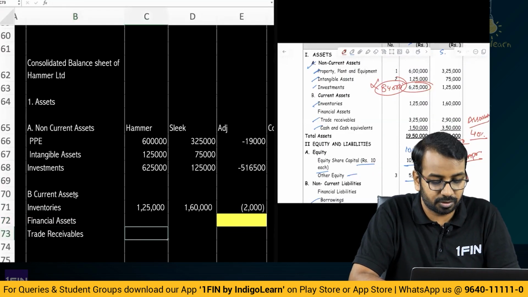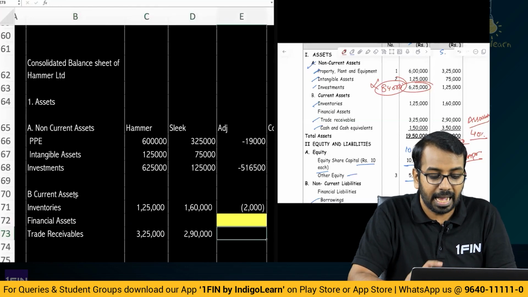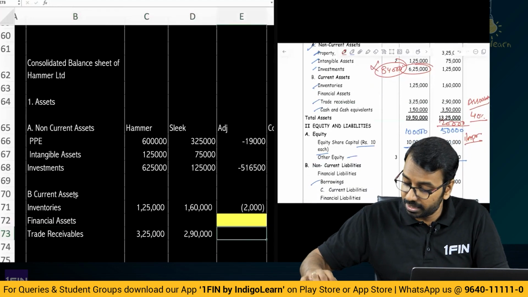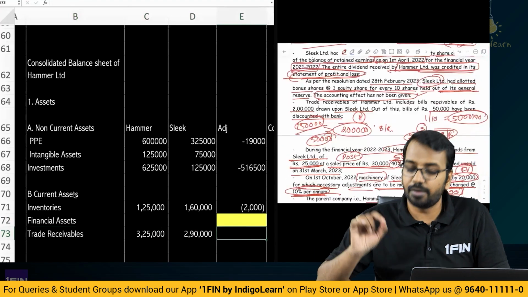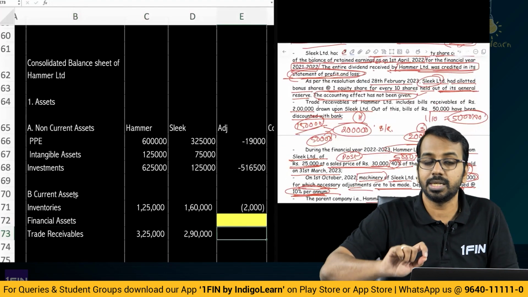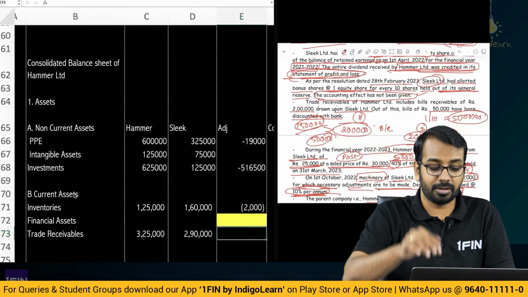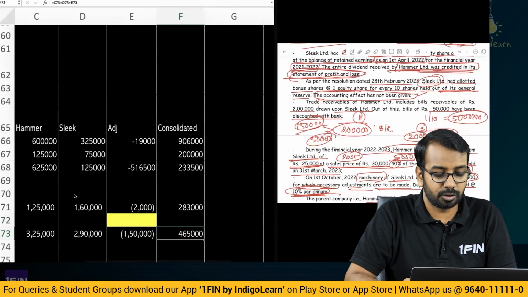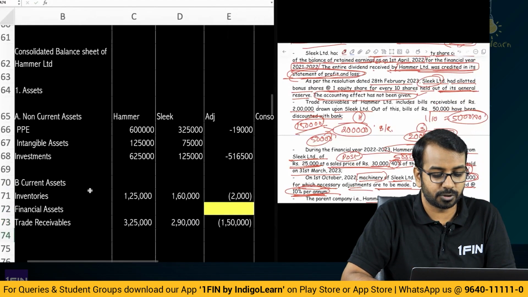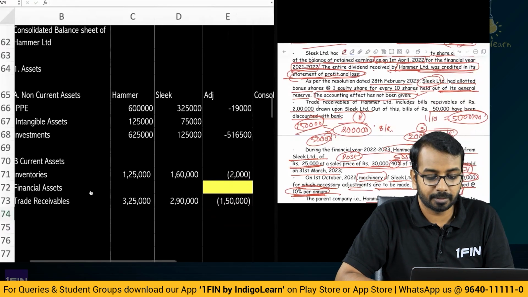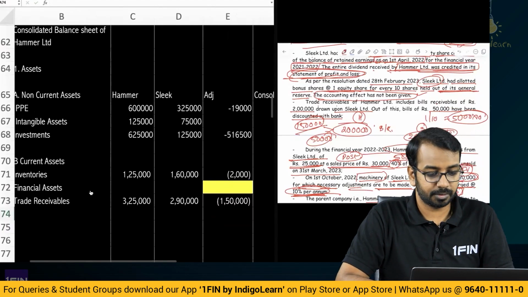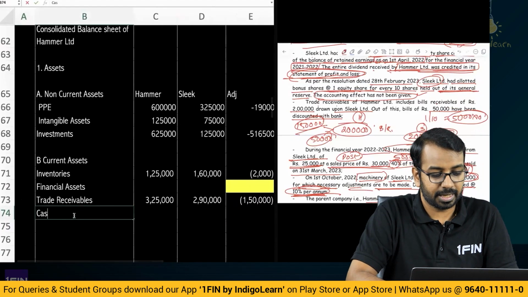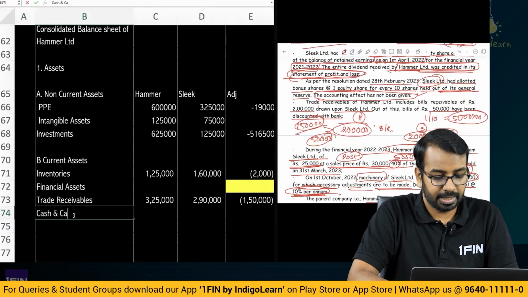Trade receivables is 325 plus 290, and there is an intercompany owing. Under intercompany owing we discussed that we have to adjust only 1,50,000 because the balance 50,000 is to the bank. So minus 150, which brings the total to 4,65,000. Then cash and cash equivalents.